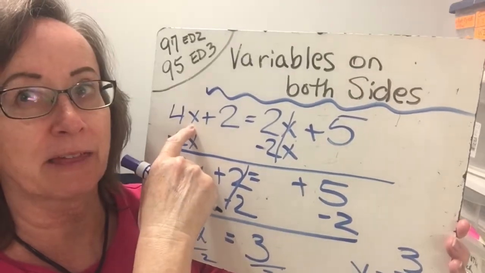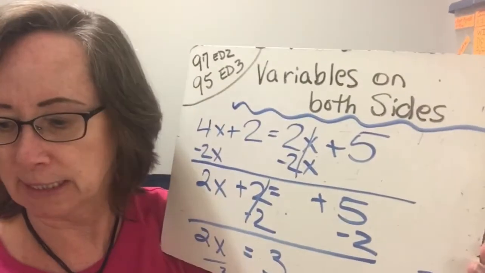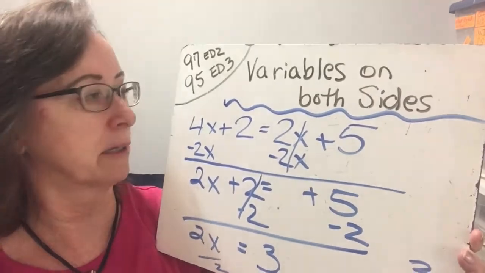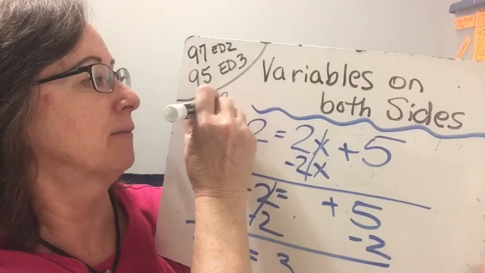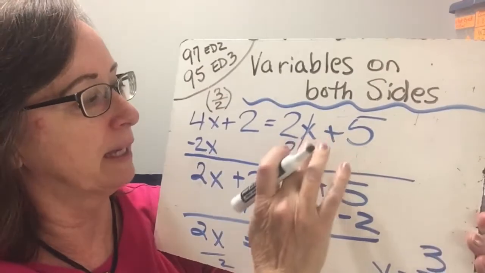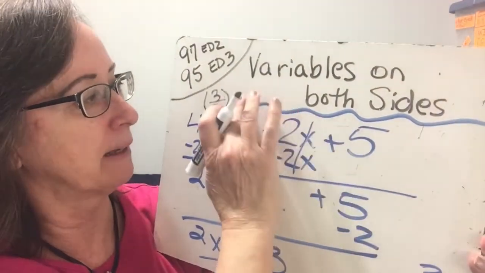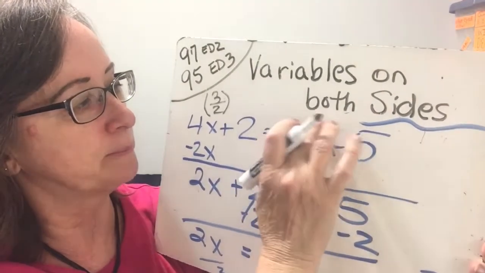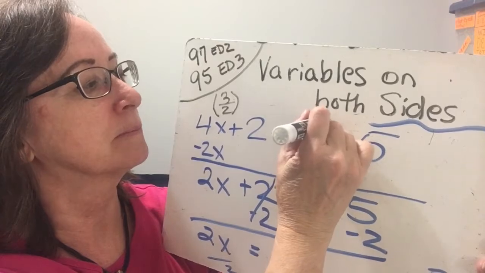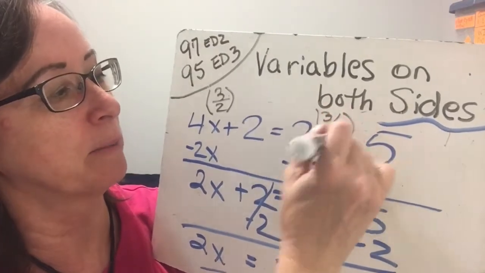If I plug in a 3/2 here, let's go with a different color. So here I'm going to plug in 3/2, and over here I'm going to plug in to the original equation a 3/2. I'll write it real small because I don't have much room up there.